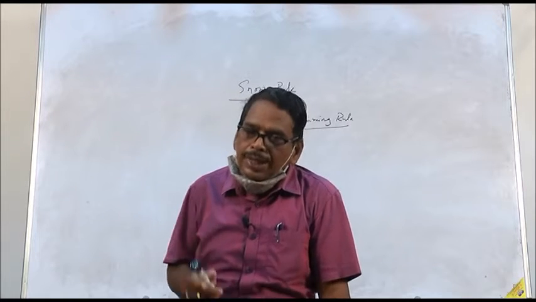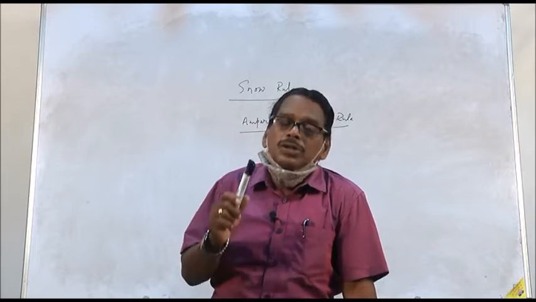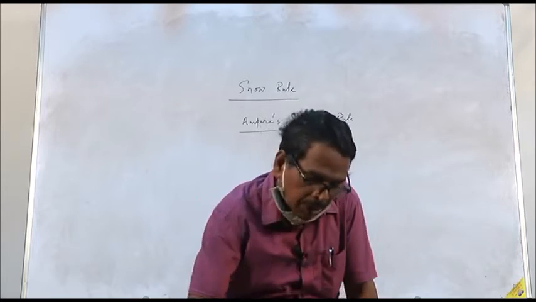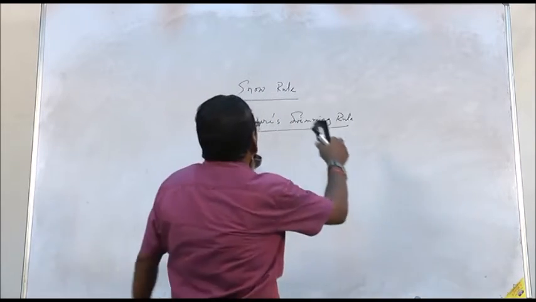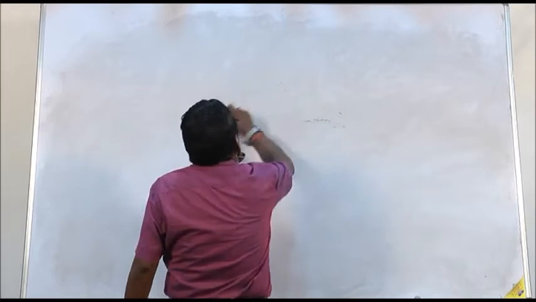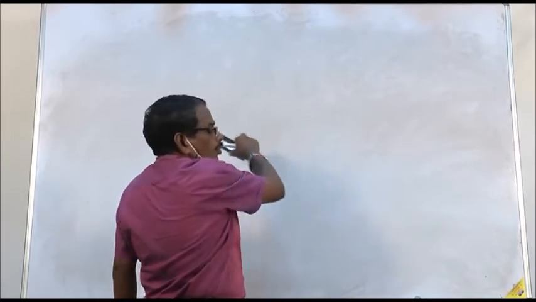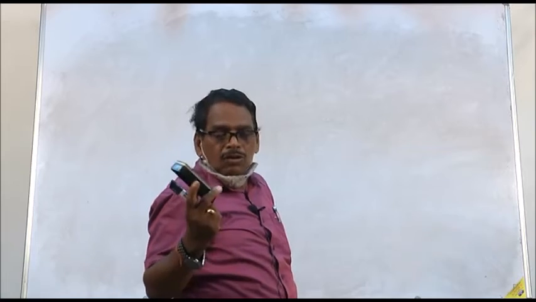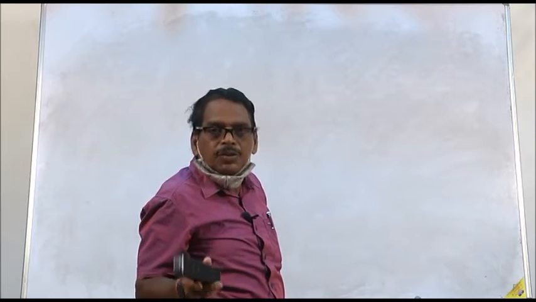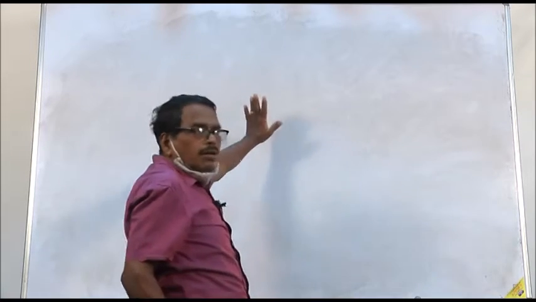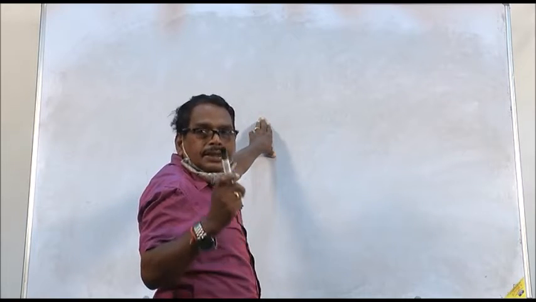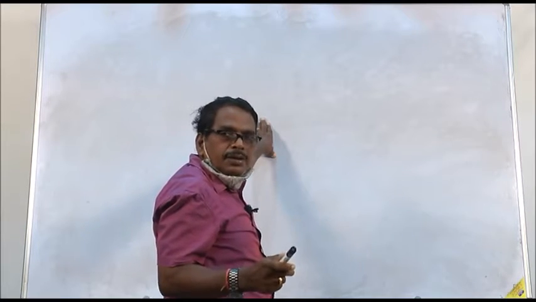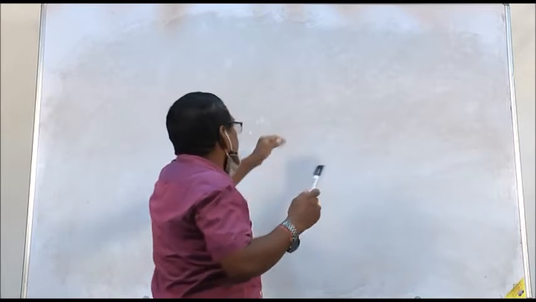To find it, we apply the Biot-Savart law, which is very important from the examination point of view. You may get a long question as well as a short question from the Biot-Savart law. From this law, you can know the strength of the magnetic field due to a conductor carrying current.